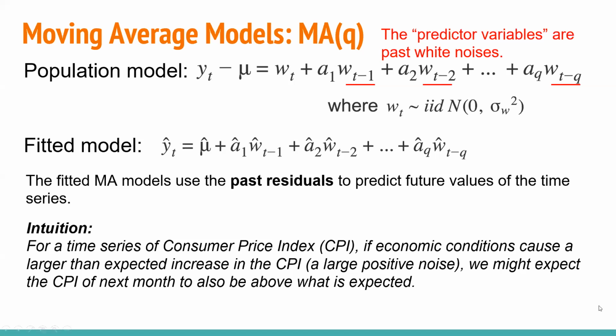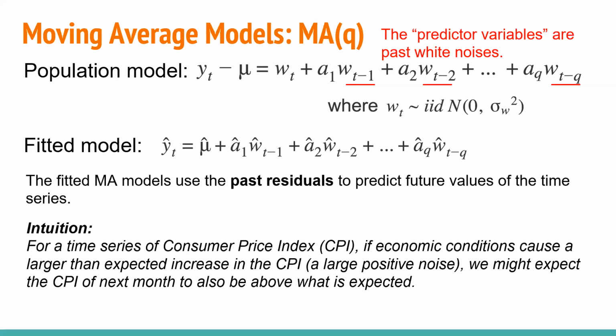Now, I'm going to give you another example of a moving average model. Like I said, I was trying to explain the difference between a white noise model and a moving average model. In a white noise model, the model would be entirely white noise.